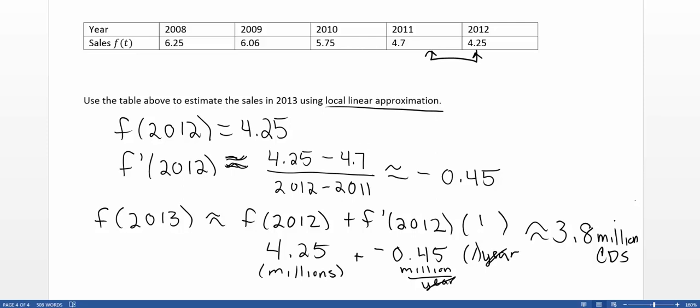That was an approximation used to make another approximation, and therefore it's not as good as if we had actually had the derivative at 2012 from some other means that was more accurate. However, given the information we have, this is the best we can do to predict what the sales would be in 2013, which would be 3.8 million CDs is the prediction based on the table and the data we have.